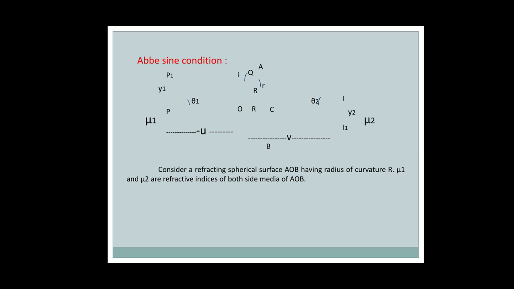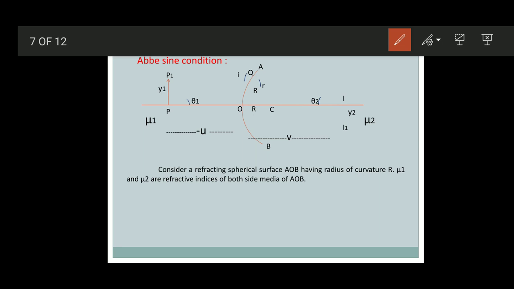What is the Abbe sine condition? There is a curved surface, that is AB. That is the principal axis, which passes through the center of the lens, at O. PP1 is an object whose height is y1.